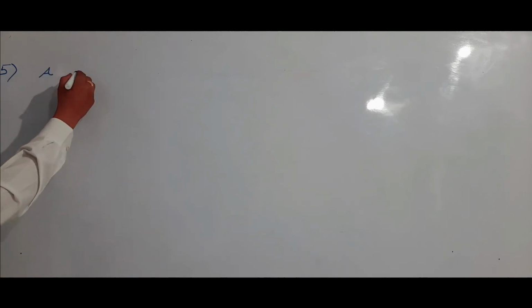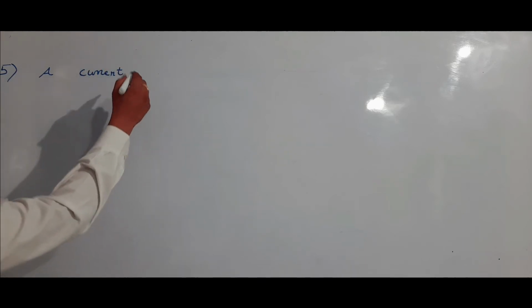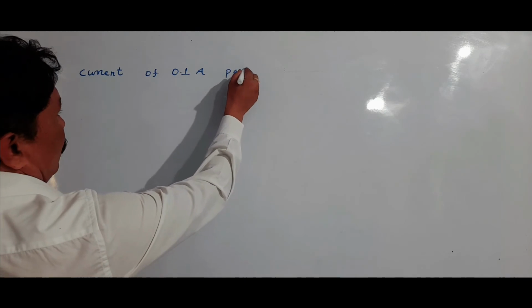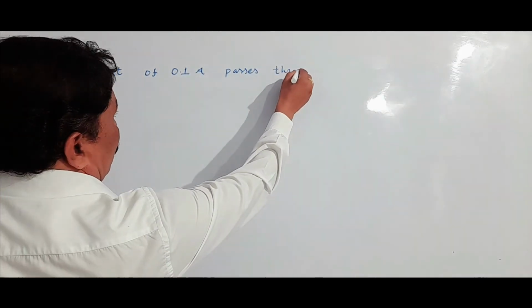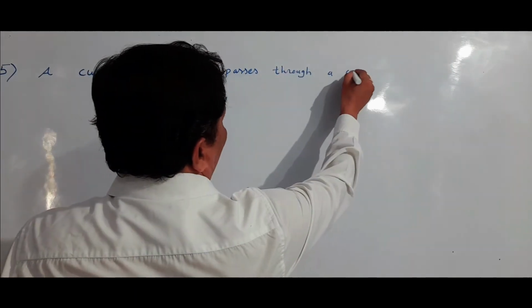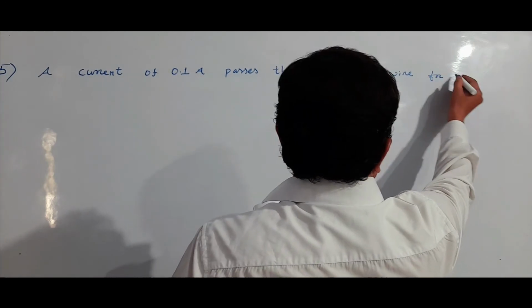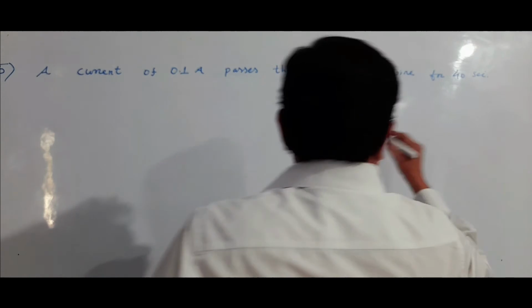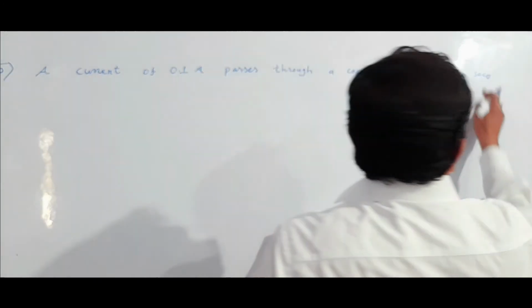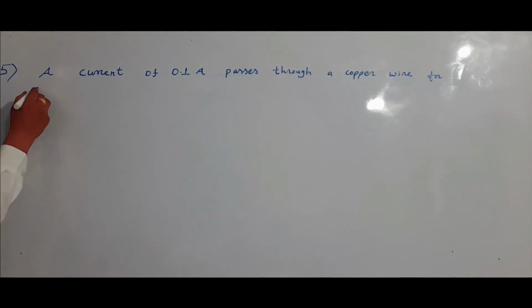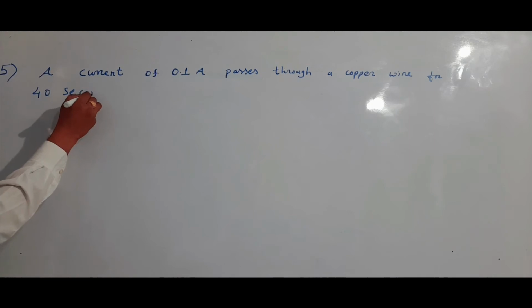Problem number 5. A current of 0.1 ampere passes through a copper wire for 40 seconds.